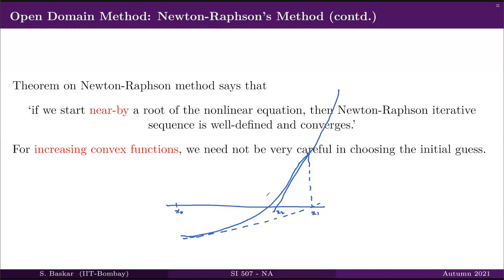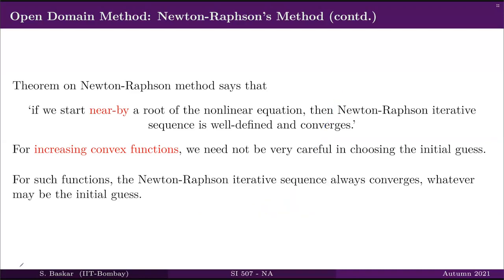In fact, you can prove this, and not only for increasing convex function, you can also conclude the same for decreasing convex function or increasing concave function, decreasing concave function also. So for such functions, the Newton-Raphson iterative sequence always converges, whatever may be the initial condition.